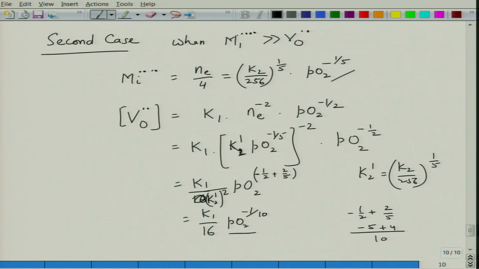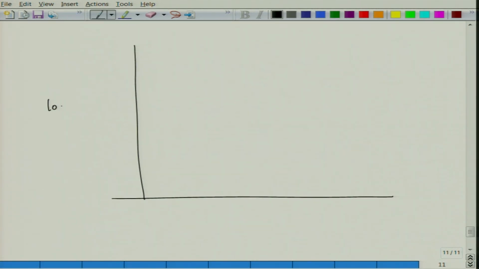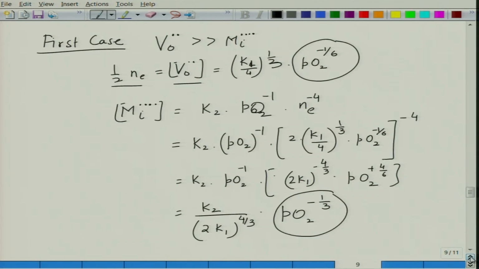So, this is how, when you want to make a plot of these, n will follow the dominant defect, whether it will follow VO or it will follow Mi. So, if you now want to plot the log of defect concentration, which I just write as n, against PO2, let us first plot the oxygen vacancy concentration.